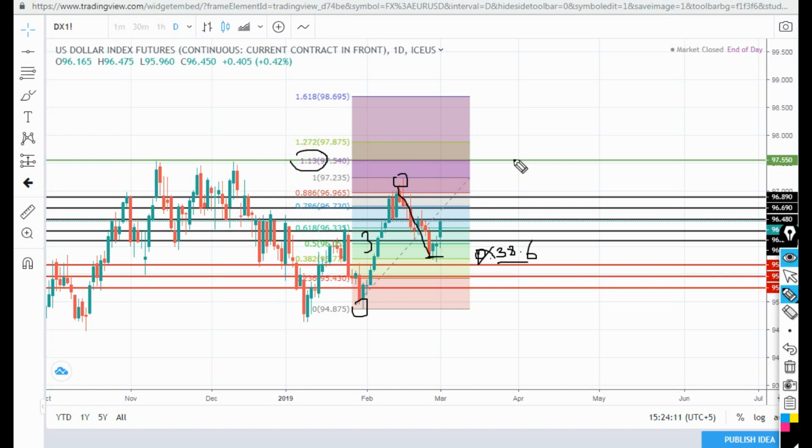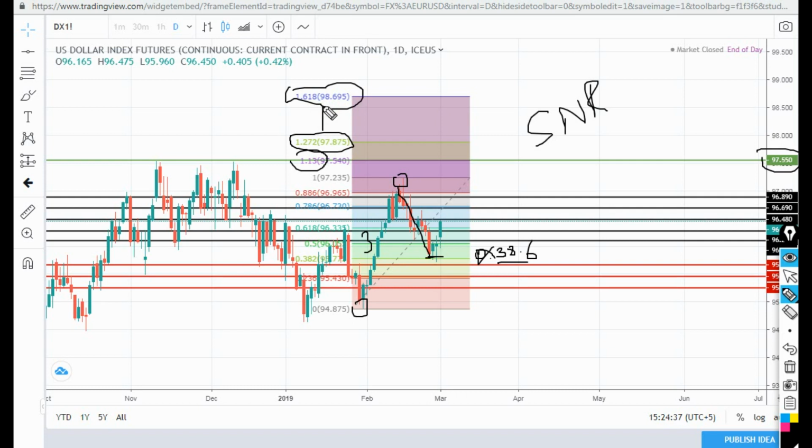Now this number is your 97.550, which I tell you according to a perfect support and resistance, which I count from back charting. And the next point is 1.272, and the highest reach, because in the previous third wave we see the highest reach in between these two numbers.